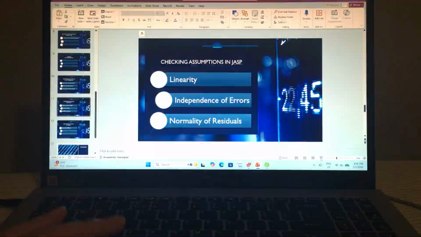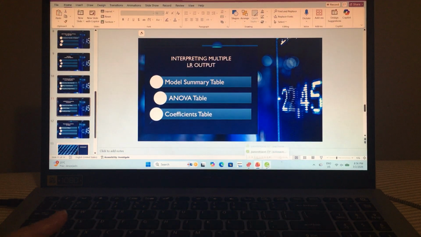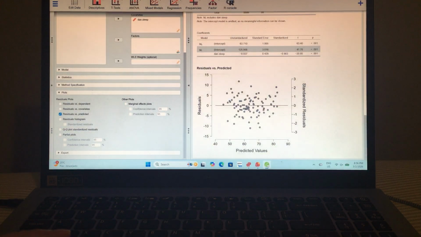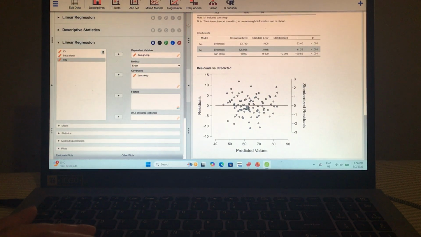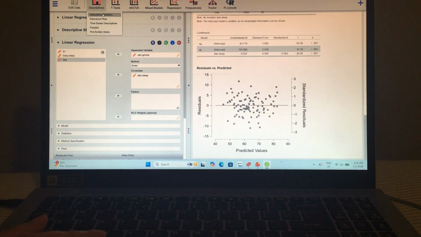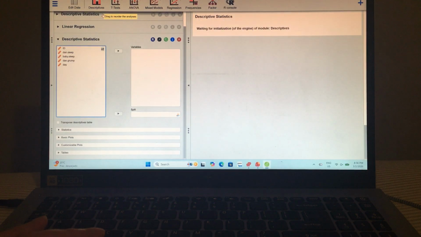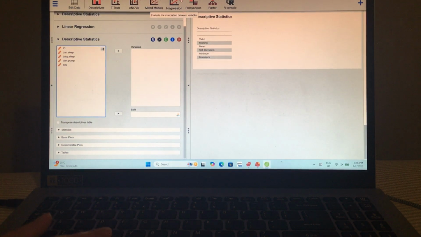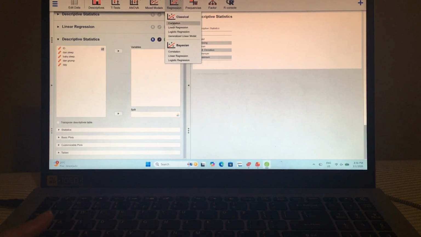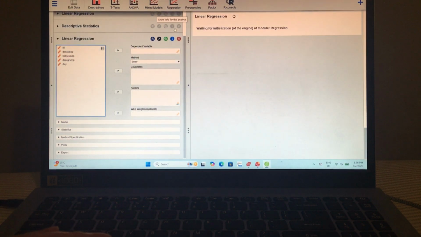So hold on. So we go regression, linear regression.